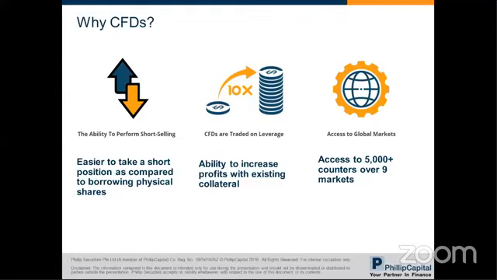Okay. So for CFD itself, it's much easier to do so because in this case, you are forming a contract between the provider, us, and you only. If you're doing the physical shares itself, for those people who did shares borrowing and lending, you do realize it's quite a tedious process, whereby you have to borrow shares and then return them at a later date.